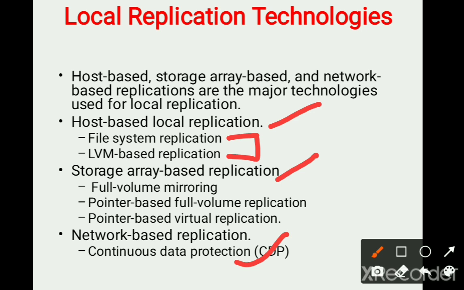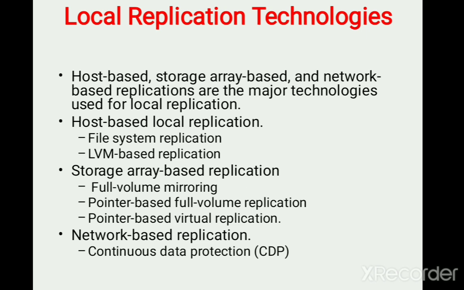In array based, we divide into three categories: full volume mirroring, pointer based full volume replication, and pointer based virtual replication. And for network based replication, we use continuous data protection. So these are the technologies applied to replicate the data.